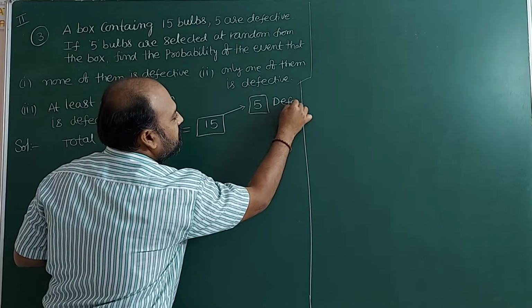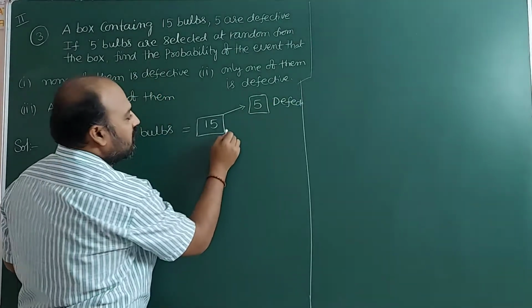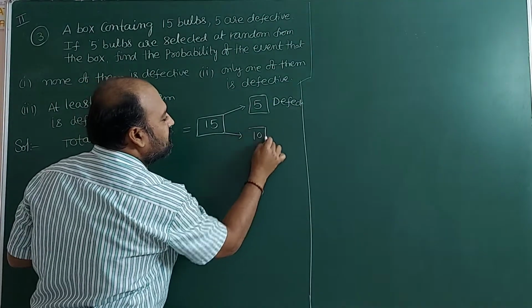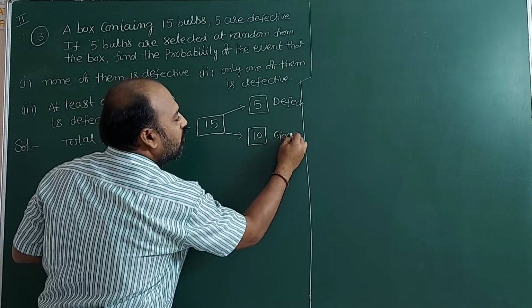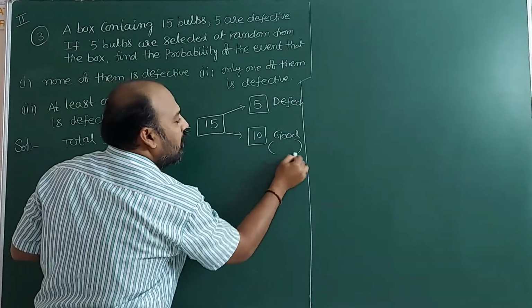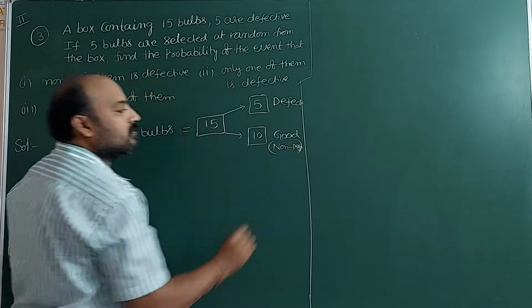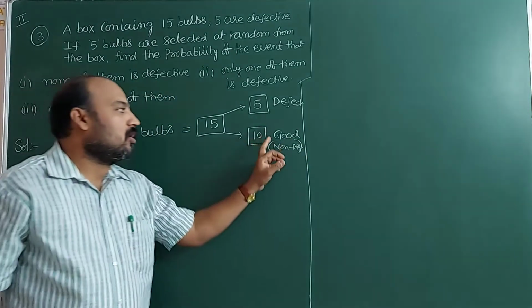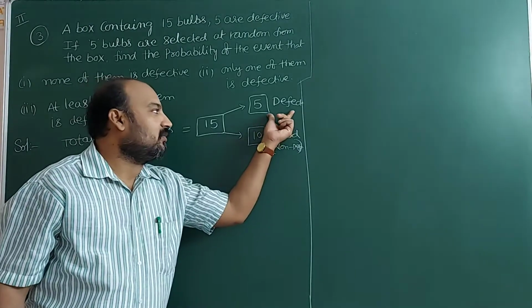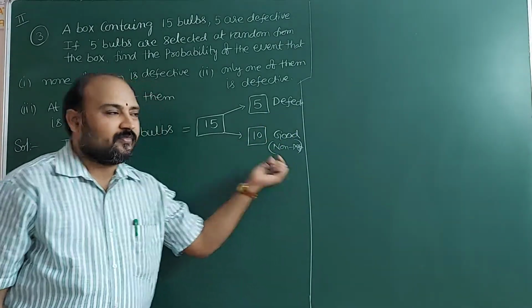That means the remaining 10 bulbs are good bulbs, that is, non-defective bulbs. These are defective, and those are non-defective.